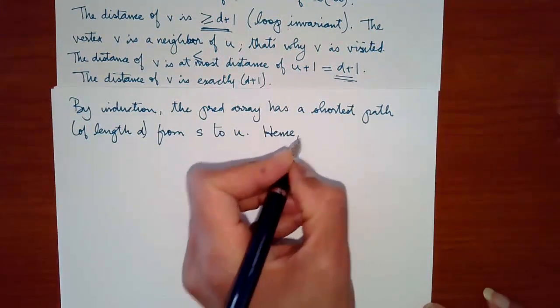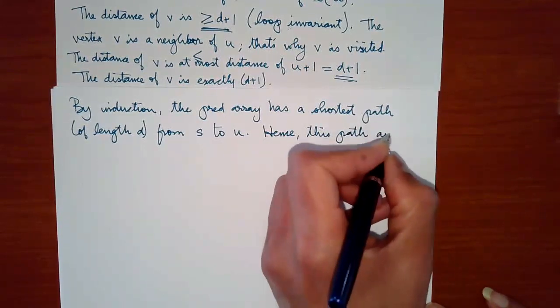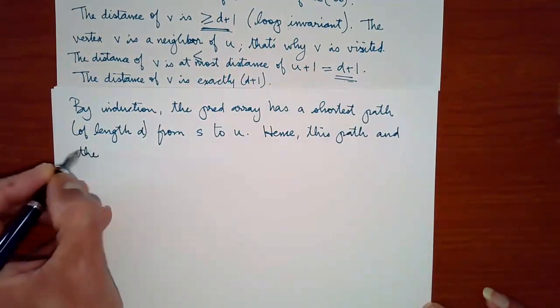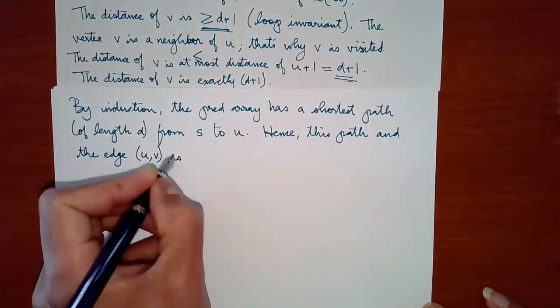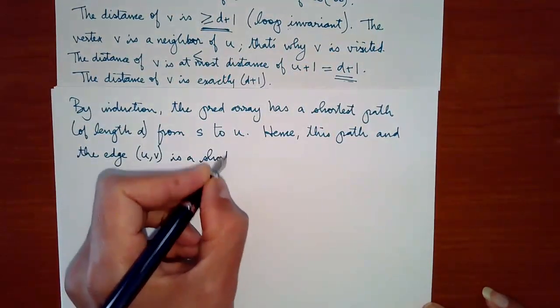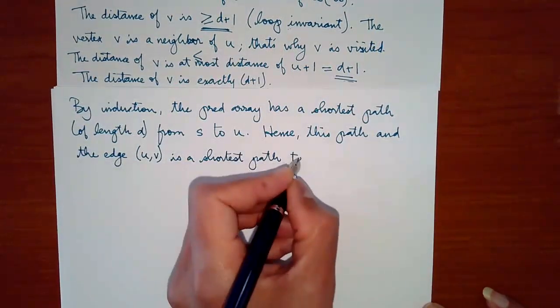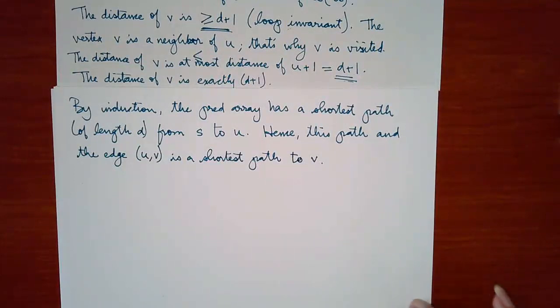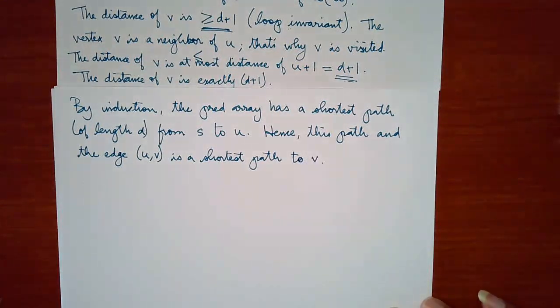Hence, this path and the edge UV is a shortest path to V. Right? This path and the edge UV is the shortest path to V, and this is exactly what the tree has.